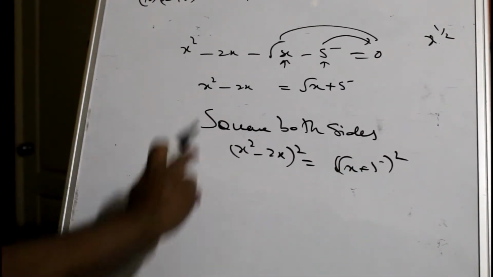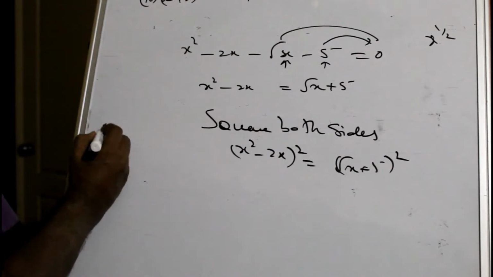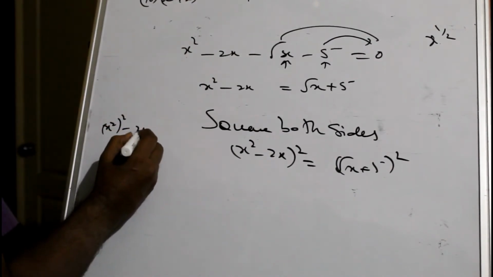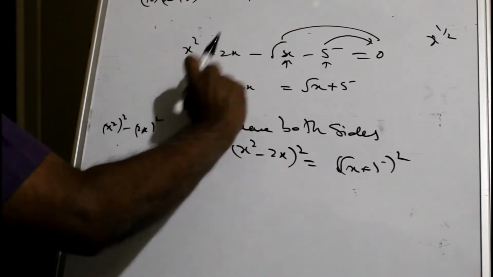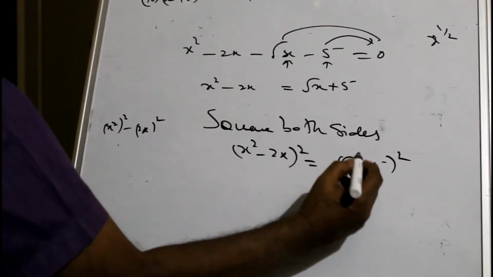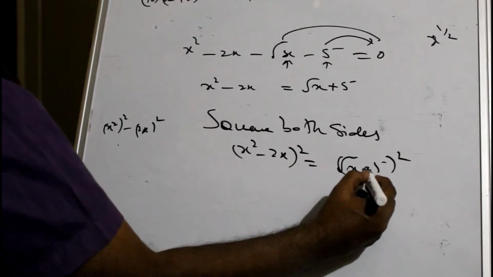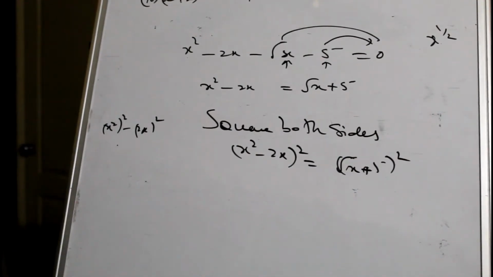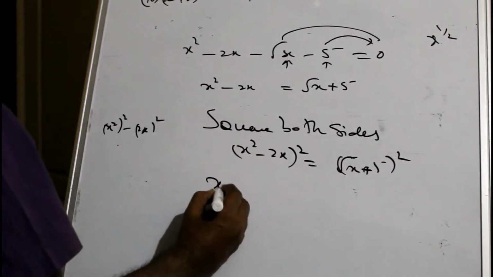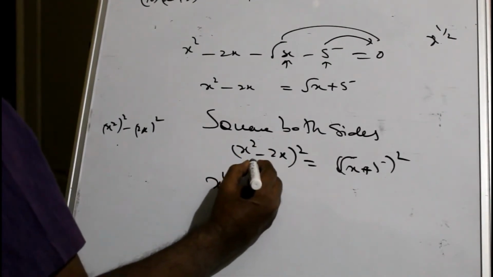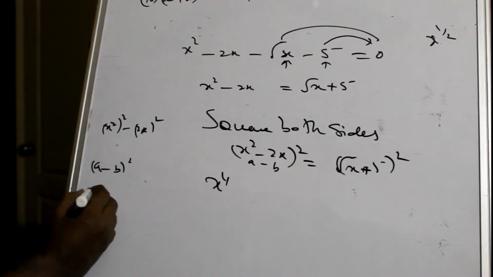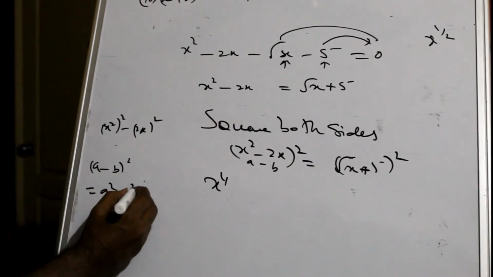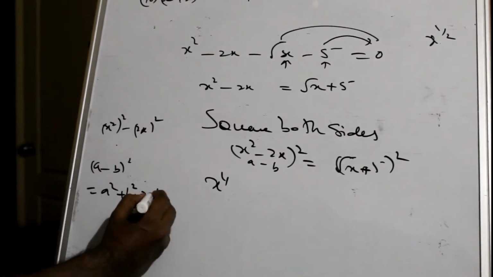When expressions like minus, plus come, don't square separately, it will go wrong. It's actually x square minus 2x complete bracket the whole square equal to root x plus 5 the whole square. Now when you square this, you get x power 4. This is a minus b the whole square. You know the formula, a minus b the whole square is a square plus b square minus 2ab.